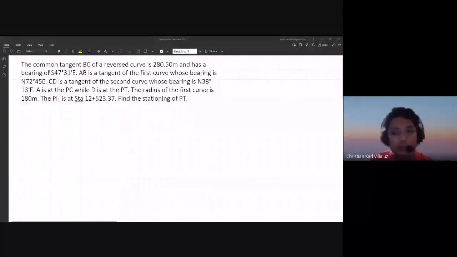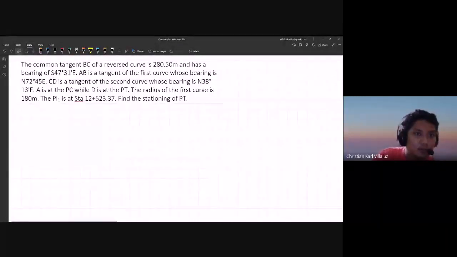Common tangent of a reverse curve is 280.5 meters and has a bearing of south 47 degrees 31 minutes east. AB is a tangent of the first curve whose bearing is north 72 degrees 45 minutes east.